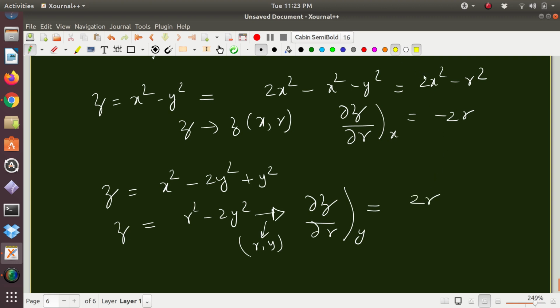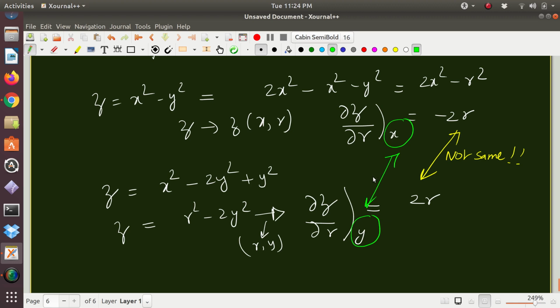Now compare these two results. They are not the same, and it should not be surprising, because although this is partial z partial r, this is also partial z partial r. Now what is kept constant in these two different expressions is very, very different, right? Therefore the answer that you get is also very different.